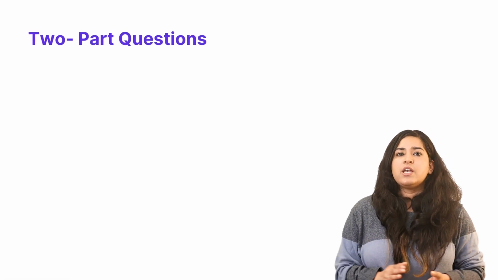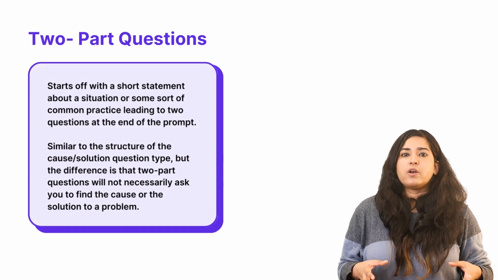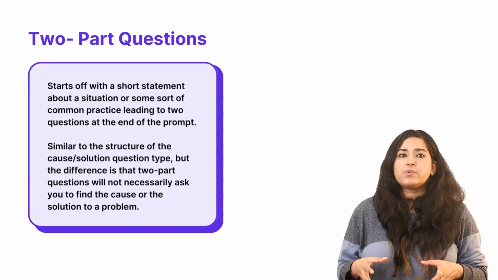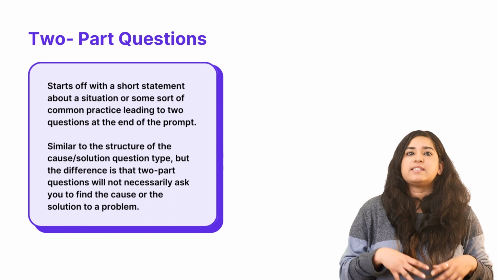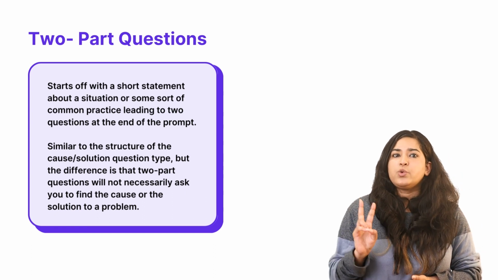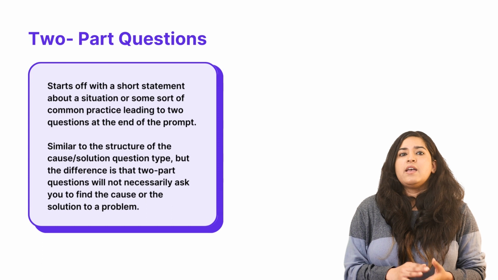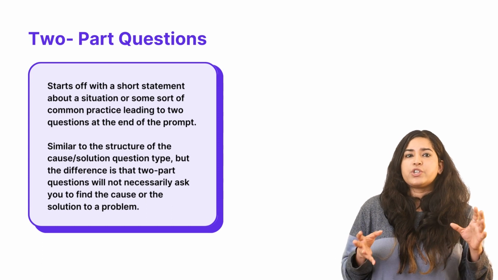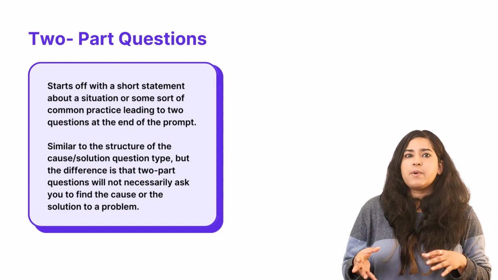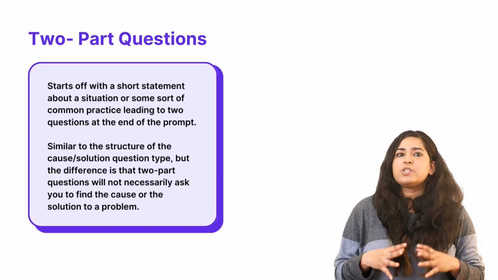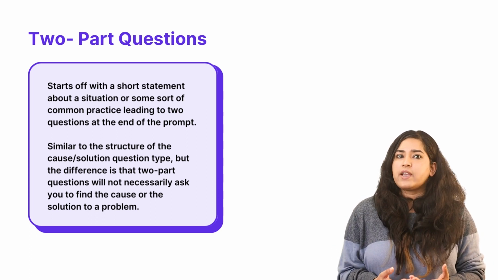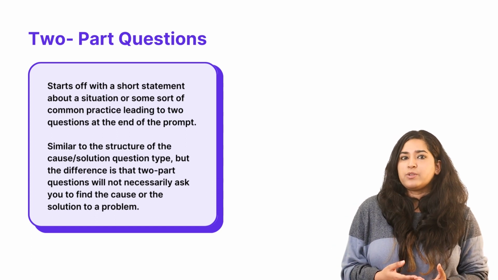On to the next question type, which is the 2-part question. Again, as the name suggests, there are 2 parts to this question type. The question will start off with a short statement about a situation or some sort of common practice, and then you will read on to see 2 questions at the end of the prompt. This is kind of similar to the structure of the cause and solution question type, but the difference is that 2-part questions will not necessarily ask you to find the cause or solution to a problem.